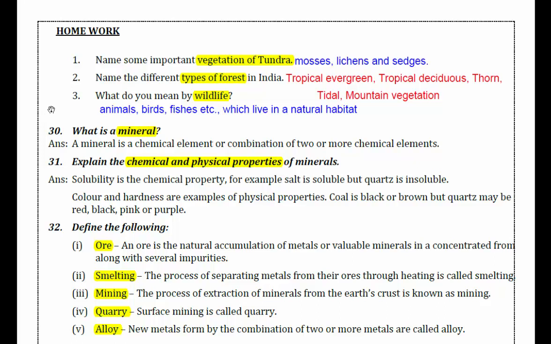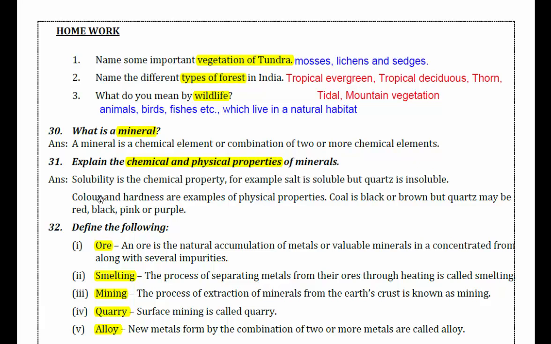Mineral is a chemical element or combination of two or more chemical elements. That is what we call a mineral. The next one: explain the chemical and physical properties of minerals.